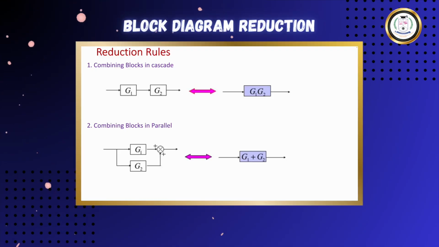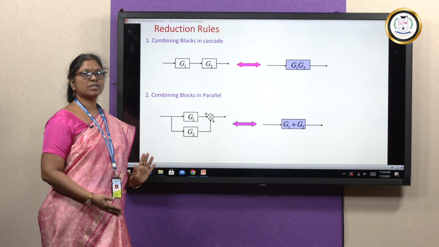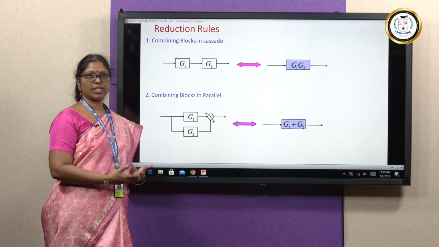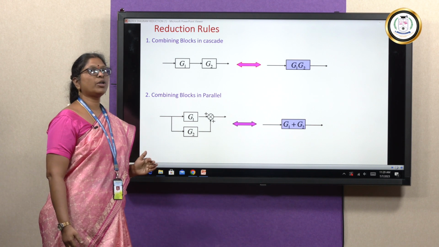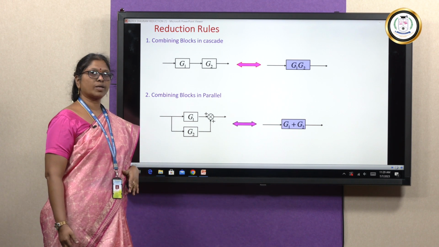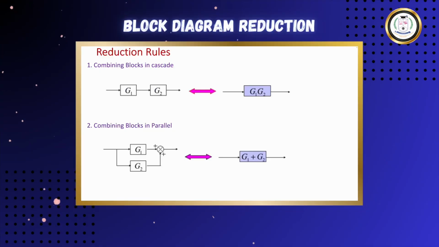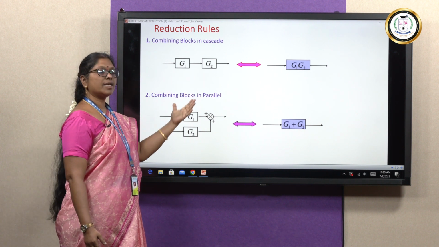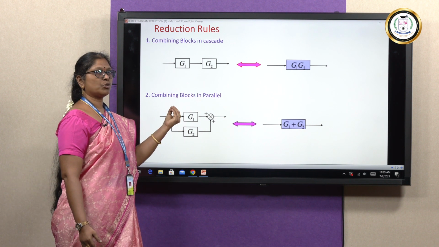Before seeing the block diagram reduction, we have a certain set of rules for reducing or rearranging the block diagram. First, we are going to see the rules of block diagram reduction. The first rule is combining blocks in cascade. When blocks are connected in series, you can combine those two blocks.